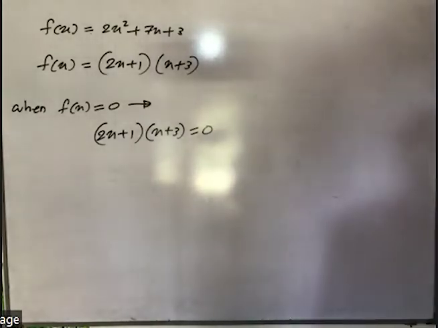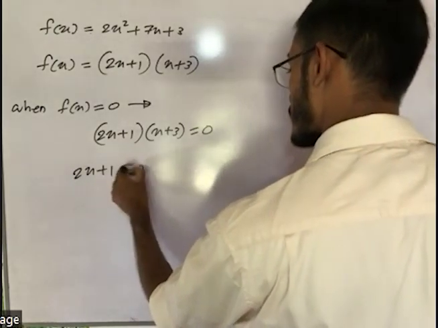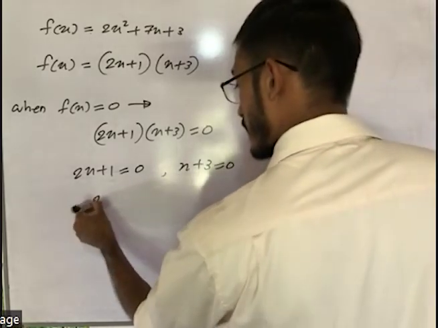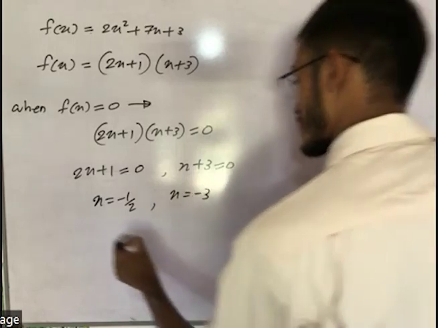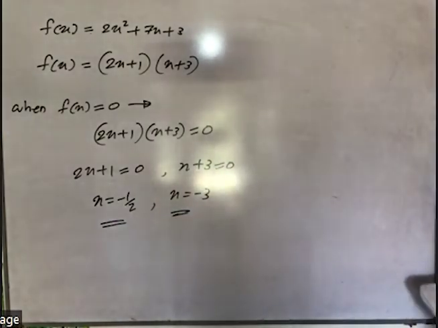Then we can separately equal them to 0. 2x plus 1 equal to 0, x plus 3 equal to 0. Therefore, x equal to minus half, x equal to minus 3. So these are the intersection points of x-axis with this function.